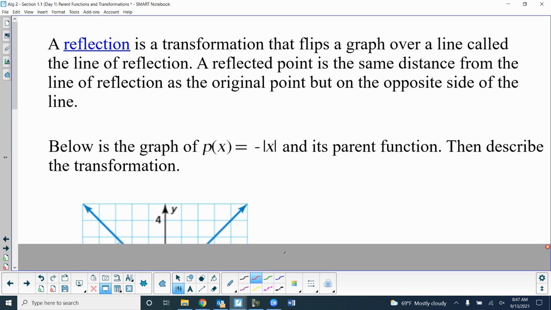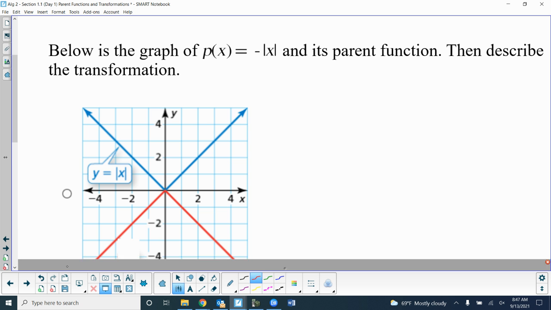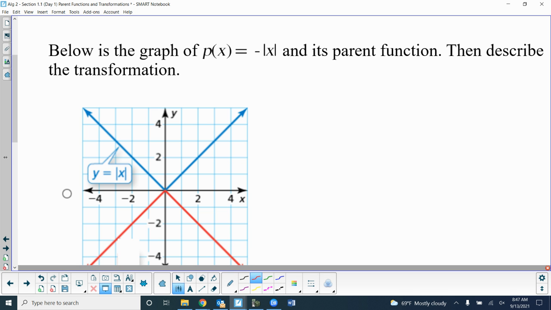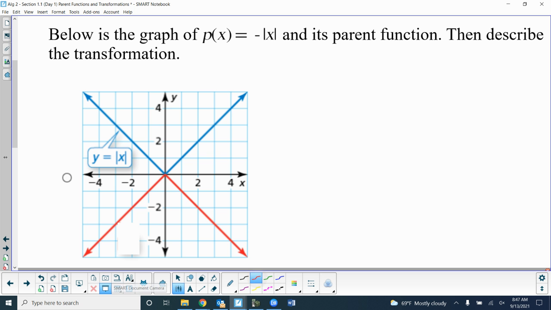So here is the graph, and it's the red one. This red one is the P of X one. Okay?